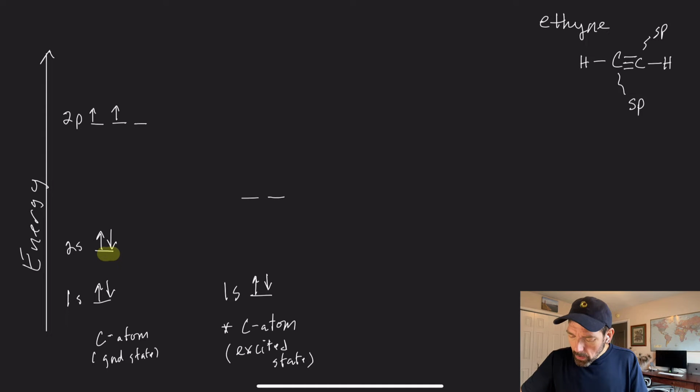That means that one of these came down, and then that's your s that came up. Now the other 2 are still up here. There are still 4 electrons, 2 in the 2s and 2 in the 2p.